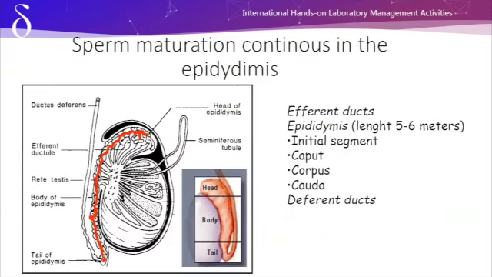So what happens in the epididymis and what is the epididymis? The epididymis, which is here represented in red, is a tubular structure that surrounds the testes and that makes contact with testicular tubes through the efferent ducts. It is composed of an initial segment, here the caput, the corpus, the cauda.